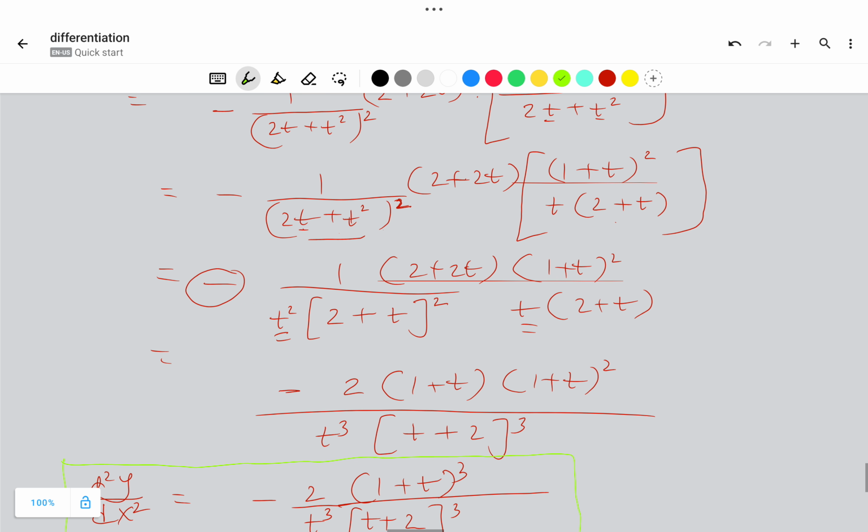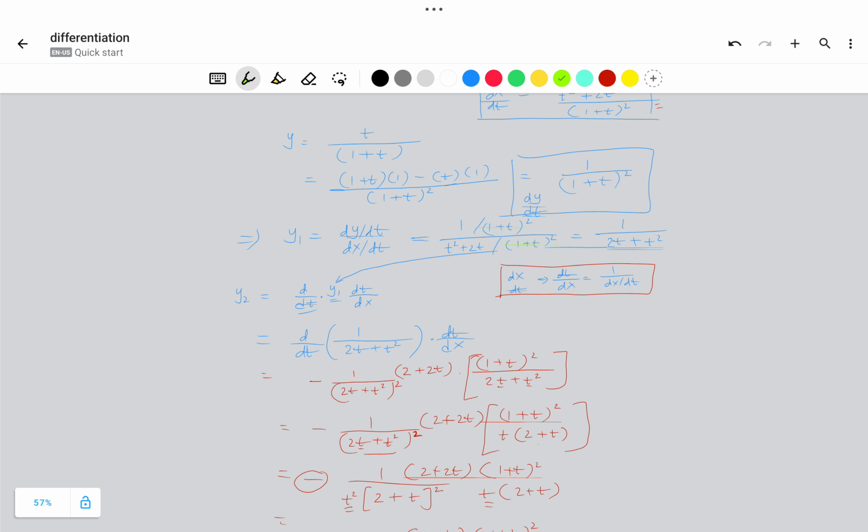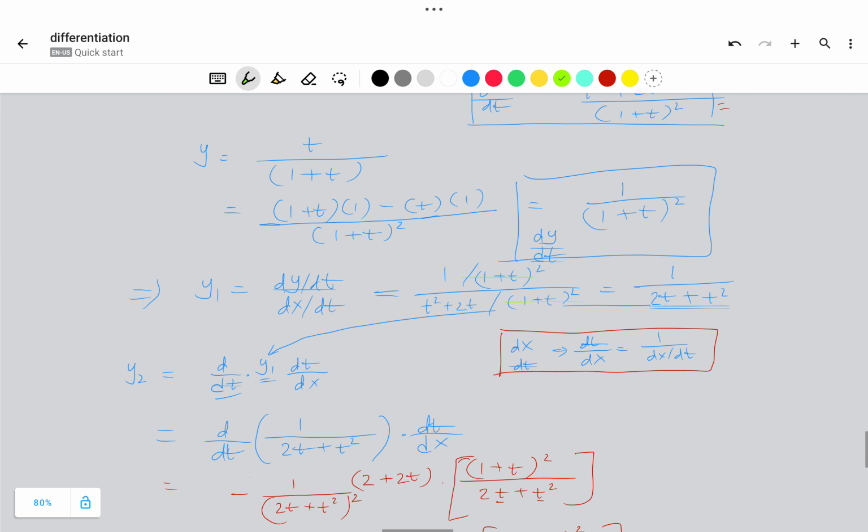So the important part here is how we are considering this in terms of parametric form.